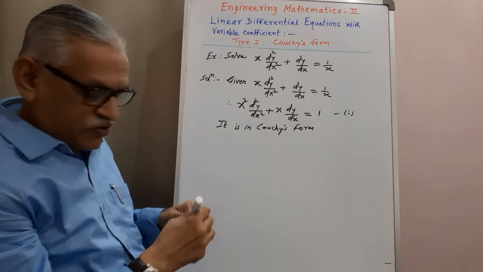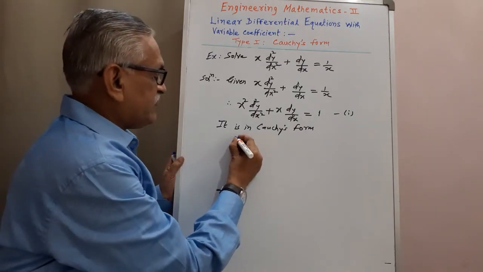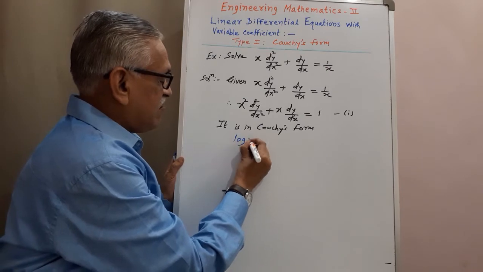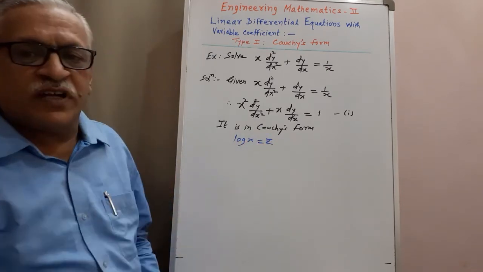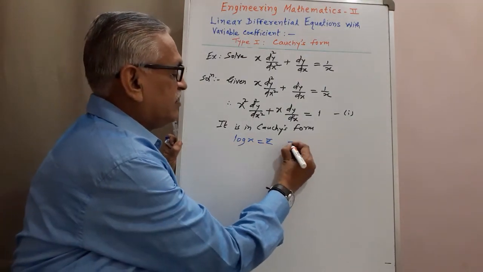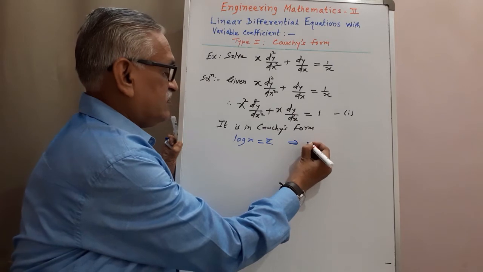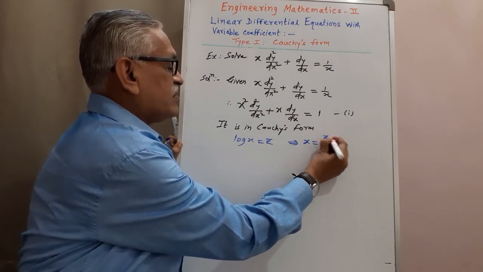As it is in Cauchy's form, we use the substitution log x as z, a new independent variable z. Transferring this to the other side, it gives x is equal to e raised to z.